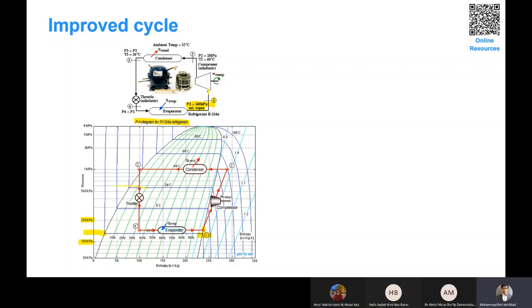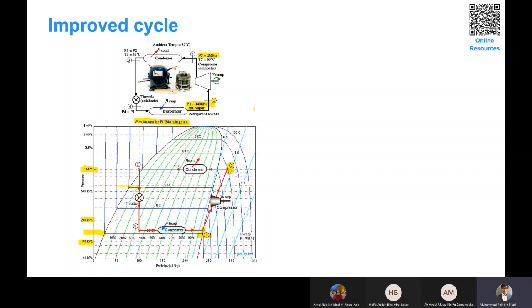It goes, okay, this is the adiabatic compressor. So basically, they are using the same isentropic line here. This is adiabatic, so it reaches point 2 here, and point 2 pressure now is 1 megapascal. The temperature is 60.